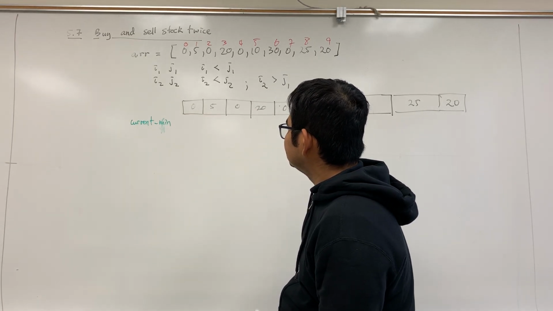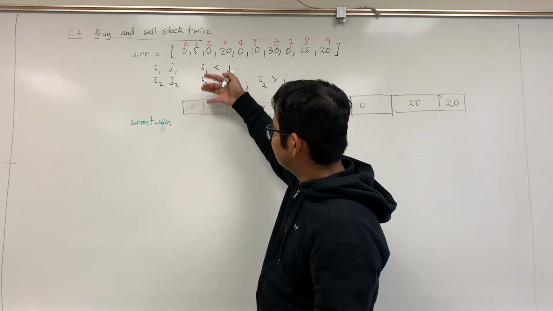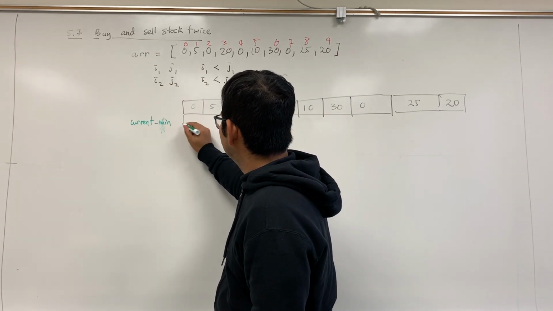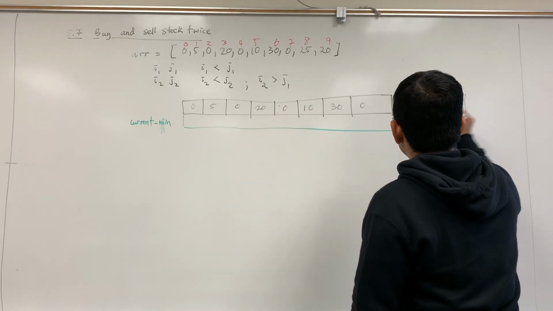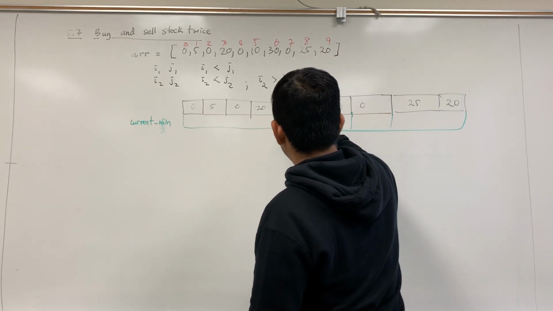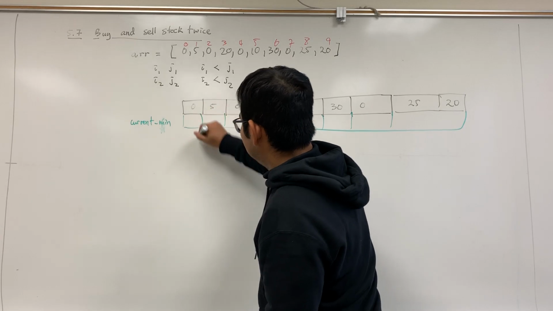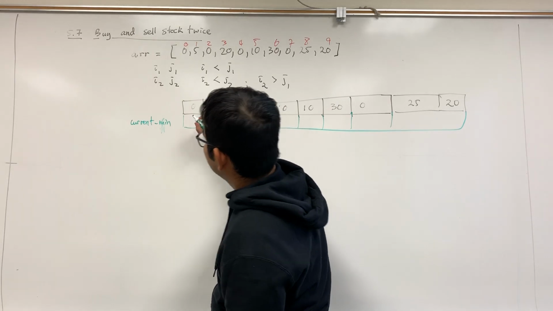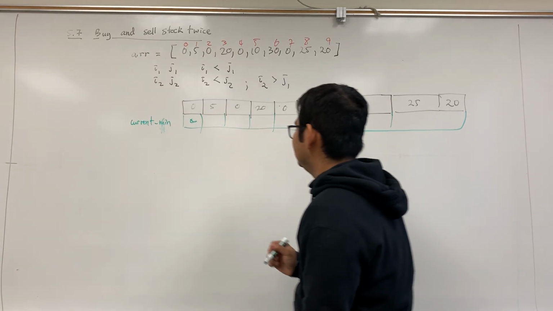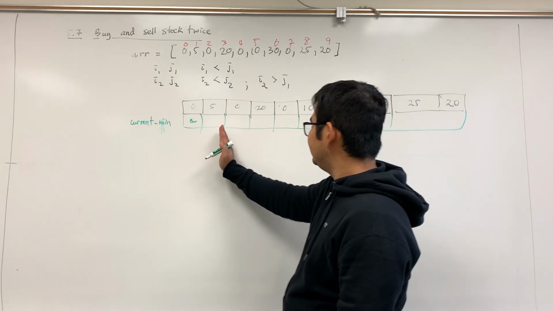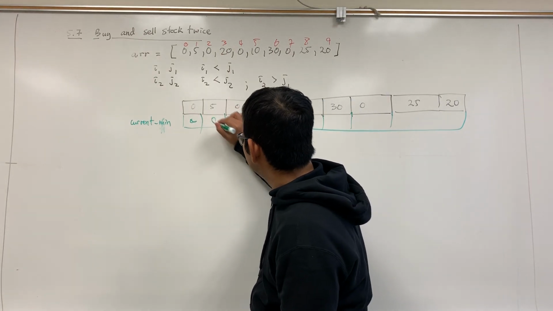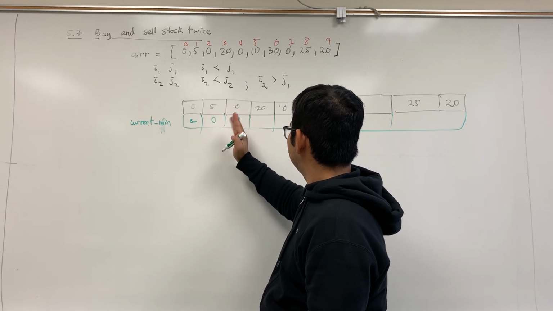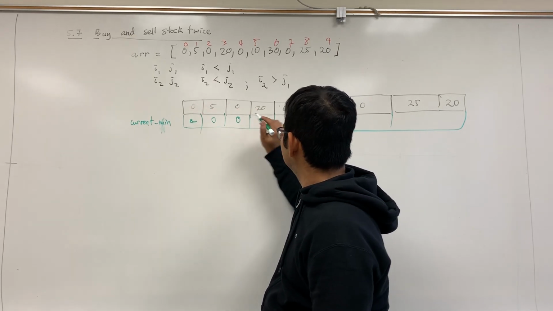Because the idea is we want to take that value and subtract the current minimum. So initially, current minimum is unknown, so let's represent it as infinity. And then right here, current minimum is 0. Right here, current minimum is 0, because we have seen 0.